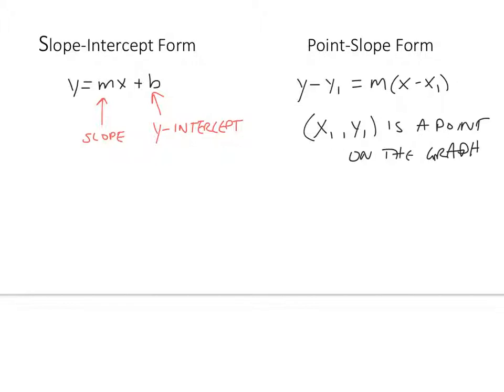So it's going through that point. So this equation goes through that point. And obviously we have m here again, that's the slope. And given that point, that's going to help us find the intercepts, or however we need to work to be able to get everything that we need information-wise. Those are the two forms we're going to work with primarily in this section.